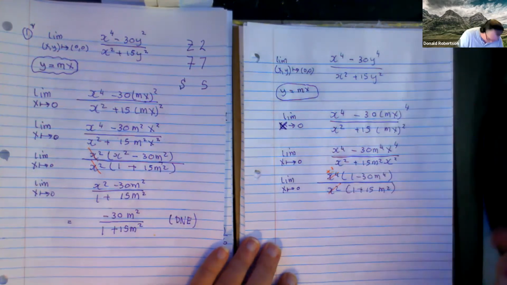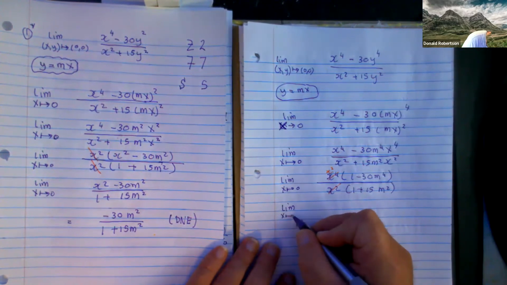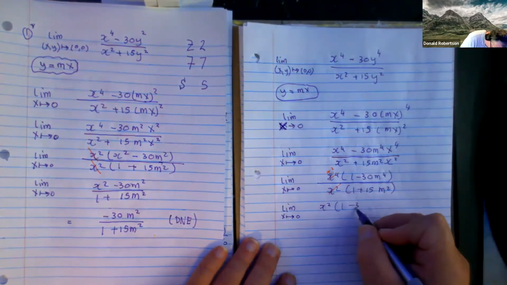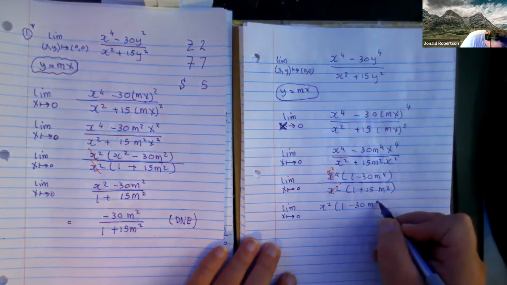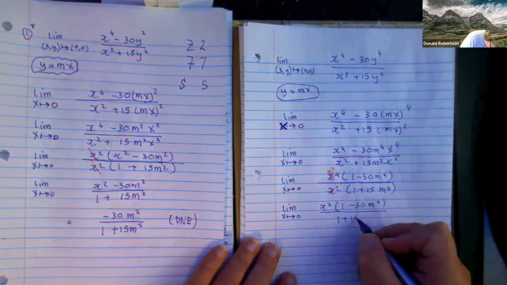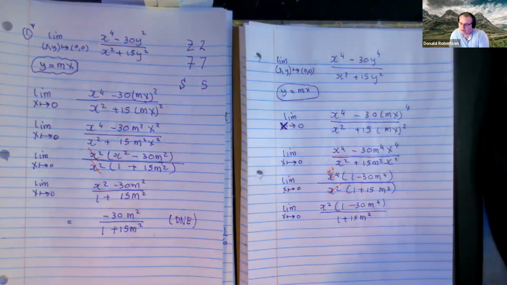So that's a little bit different. So we now have the limit as x tends to 0 of x squared times 1 take away 30 m to the 4, all over 1 plus 15 m squared. Are we good?